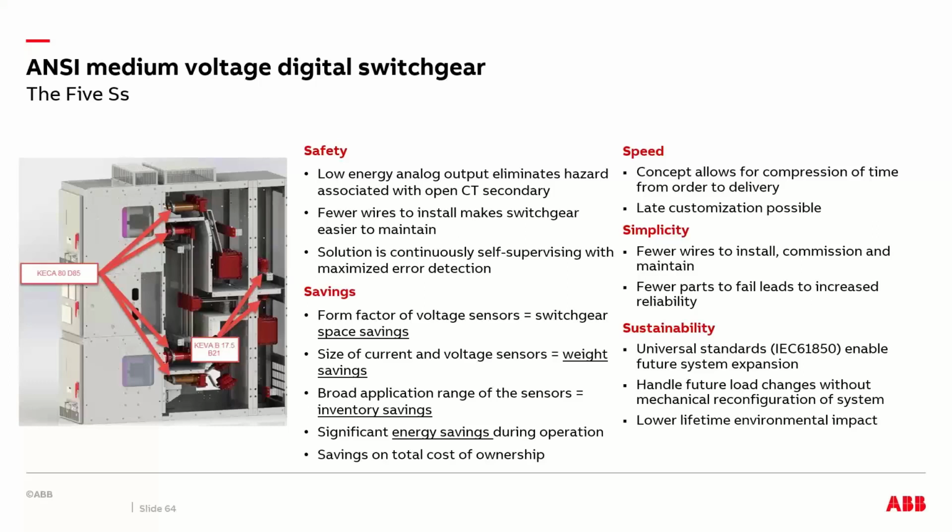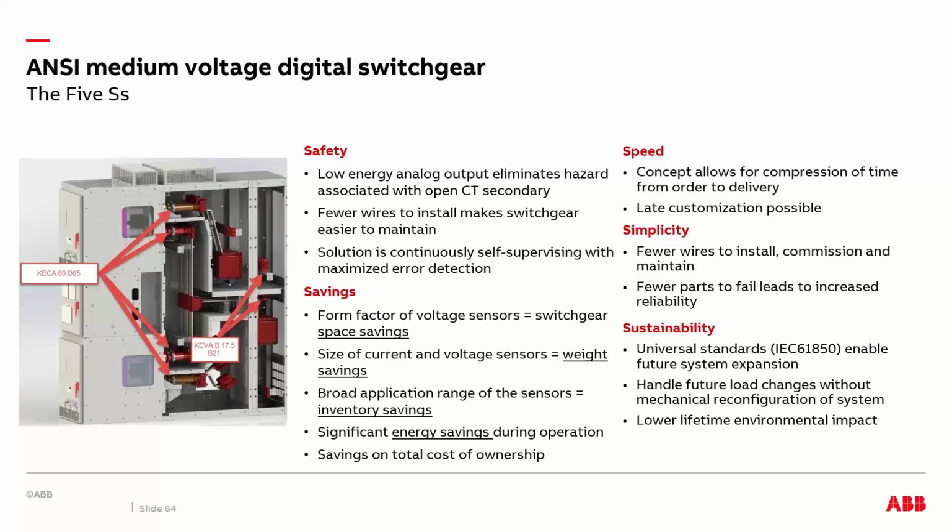Then we are saving so much. We are saving on space, we are saving on footprint, we are saving on inventory costs, and we have energy savings because these are low power. We are saving on total cost of ownership. Speed, it has to be great speed, and that is determined.